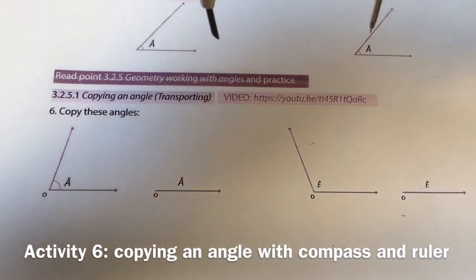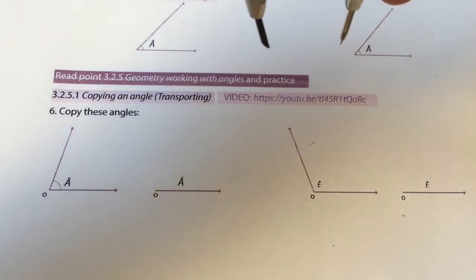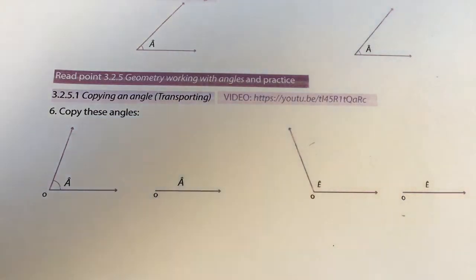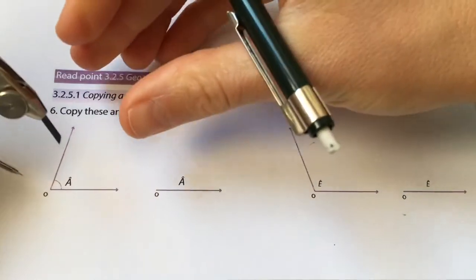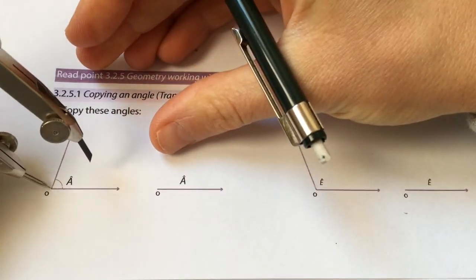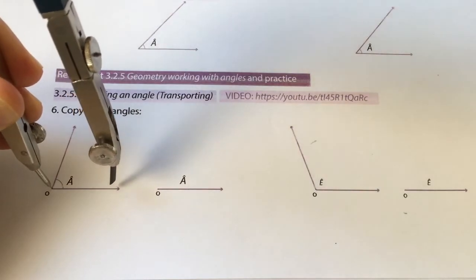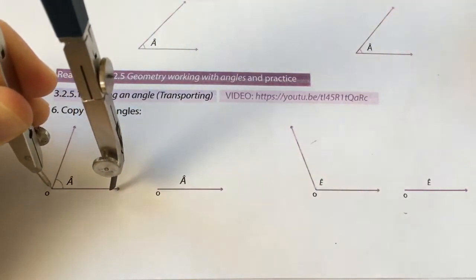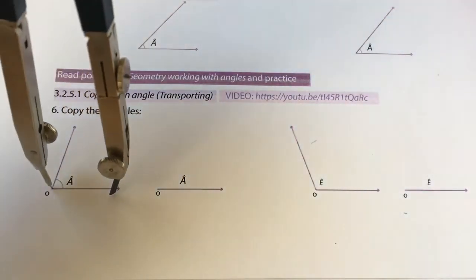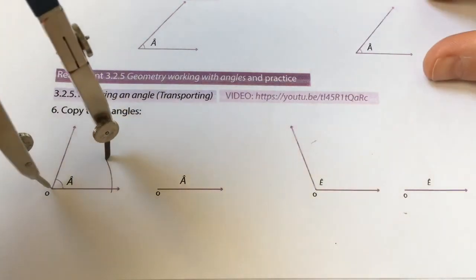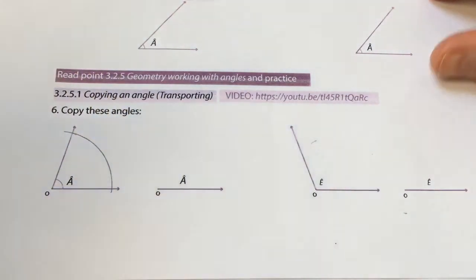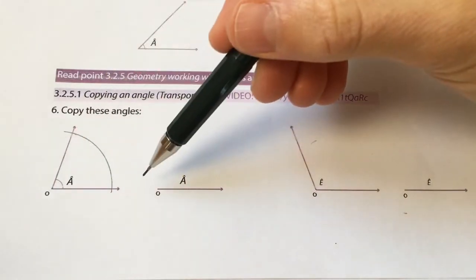You will start opening the compass at any length and you will draw an arc, center point the vertex of A. So you can open the compass any convenient radius, and the arc should intersect the rays of the angle.